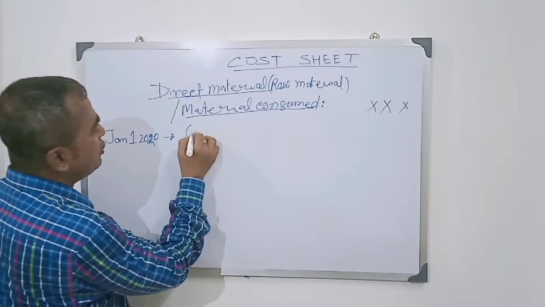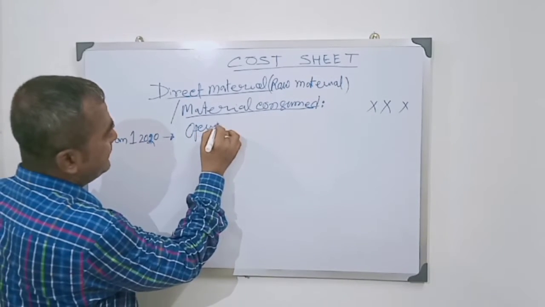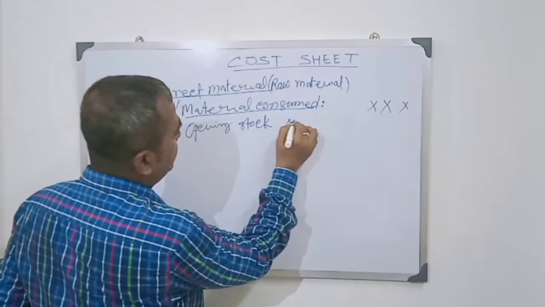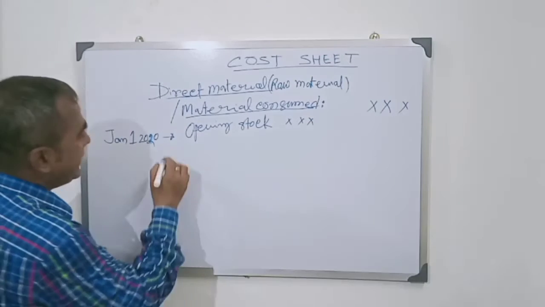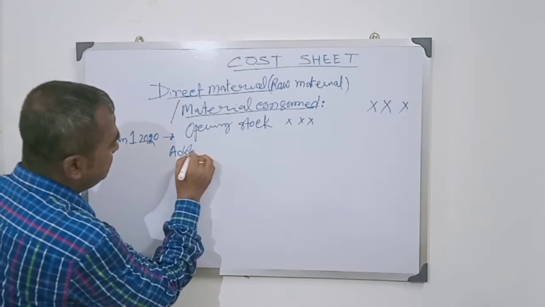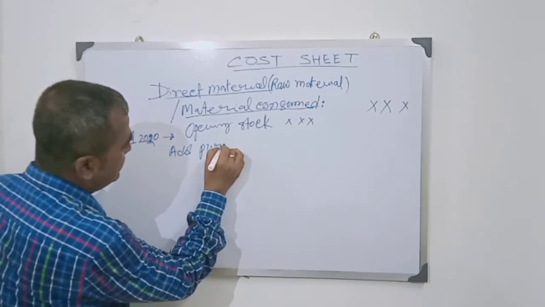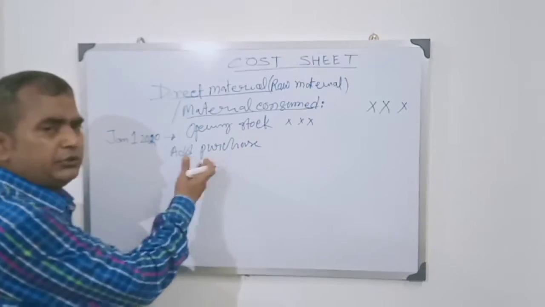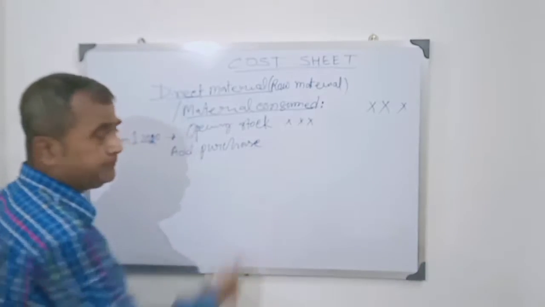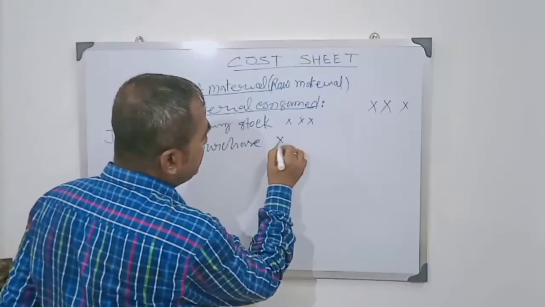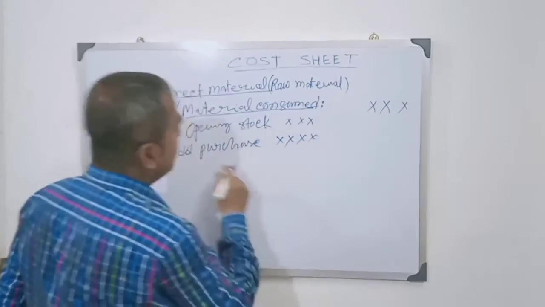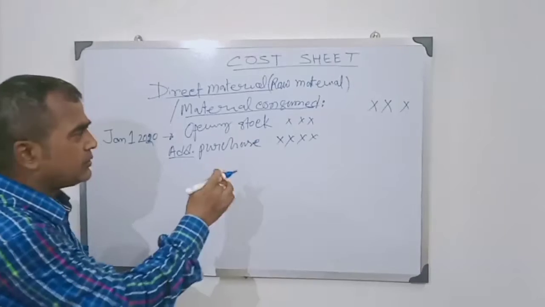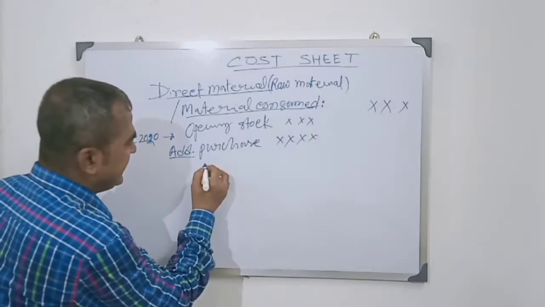So, opening stock, add purchase of raw material, less return, as you can return raw material. Now, purchase cost as well as all other costs involved with the purchase, like carriage inward.